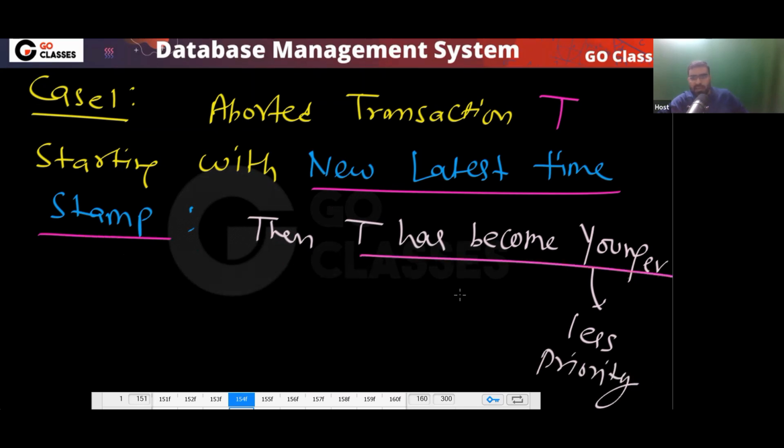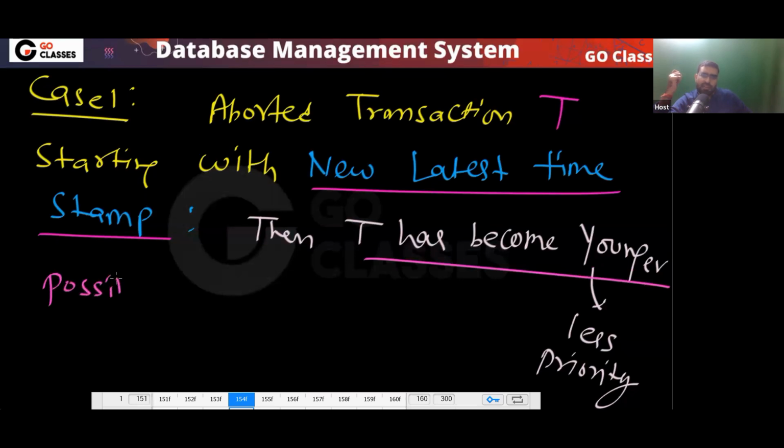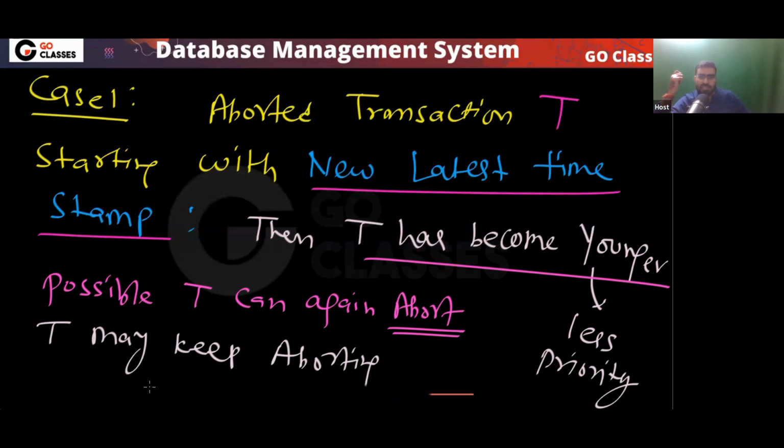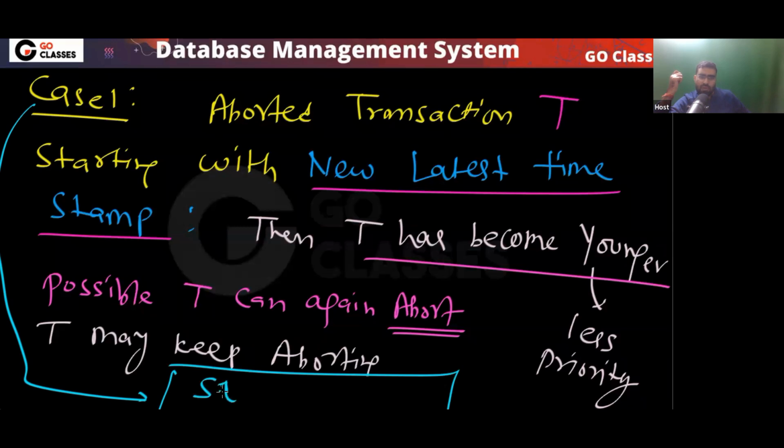So it is possible that T will again roll back, again abort. If you keep doing this, T may keep aborting. This is called starvation. So in case one, we got starvation.